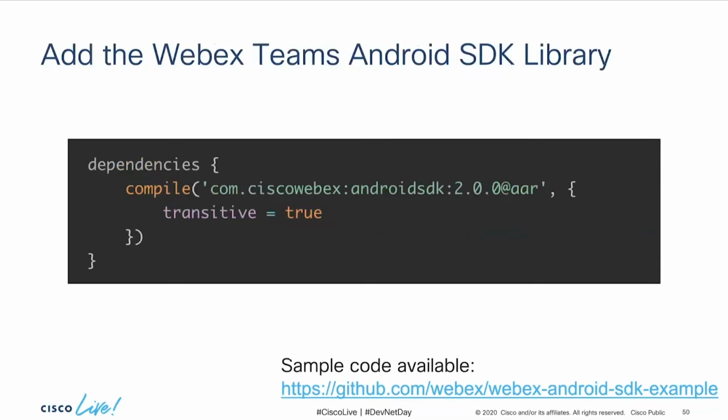To do this, add the following code and configuration to the dependencies block of the build Gradle file as shown. You can see that we're compiling the Cisco Webex Android SDK as a dependency, and that should give us the Webex Android SDK.